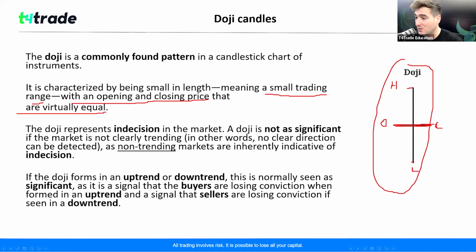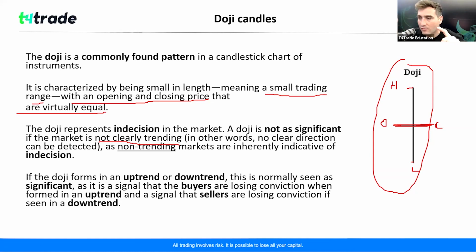Something else to note is that a doji is not as significant if the market is not clearly trending. So if you are in a close trading range, or sideways price action, that means the price action is fluctuating near two bounds for an extended period of time. If you find doji candles in that range, they are insignificant because they're telling you what you already know.